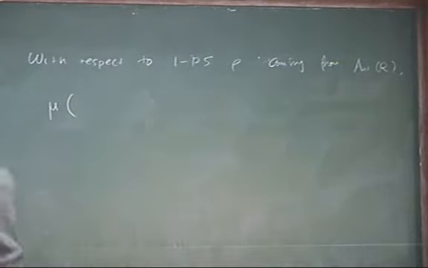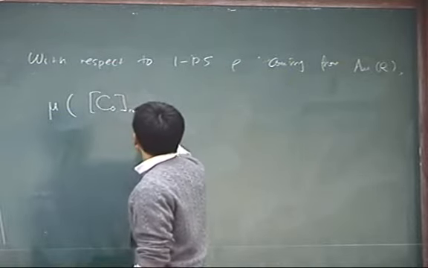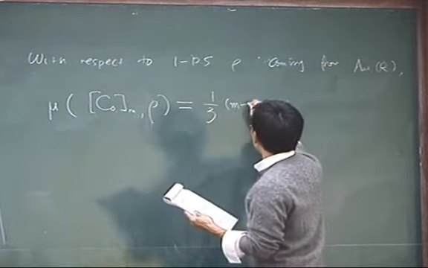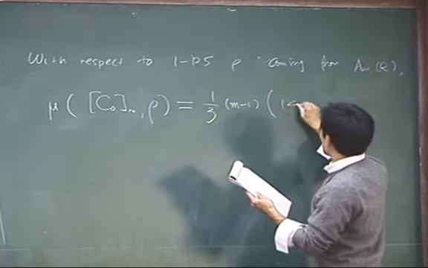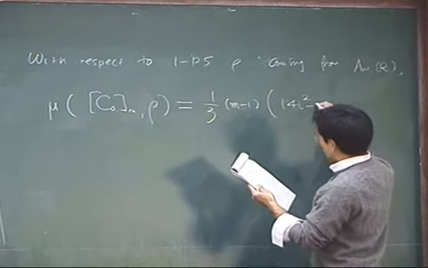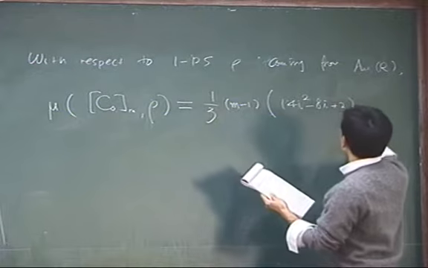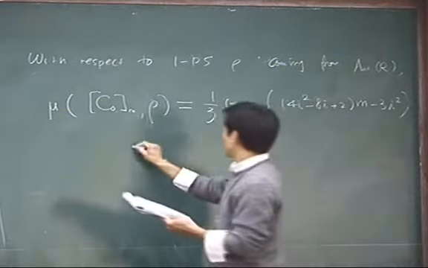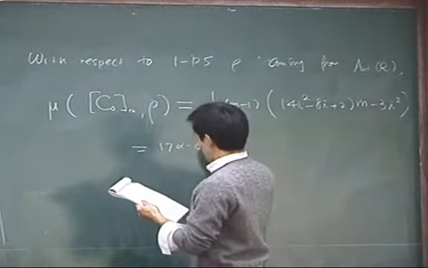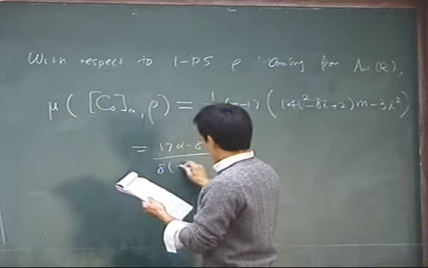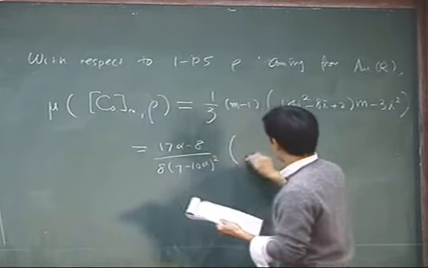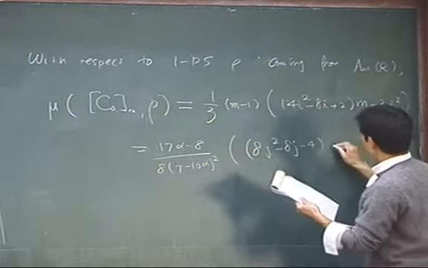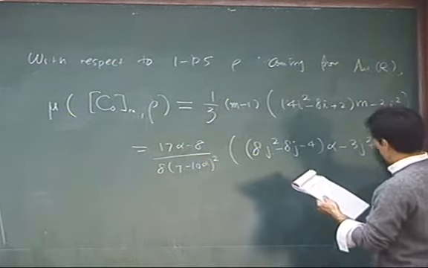This curve is C0, and mu(C0, m, rho) is equal to, let me cheat again, (1/3)(m minus 1)(4i squared minus 8i) plus (2m minus 3)i squared, which is equal to (17 alpha minus 8) over 8(7 minus 10 alpha) times (8j squared minus 8j minus 4, alpha minus 3j squared plus 10j minus 21).